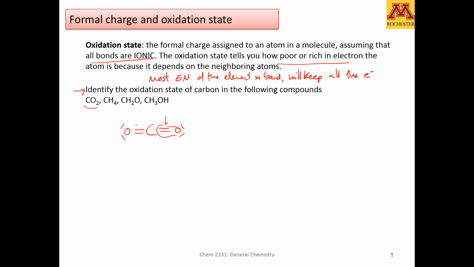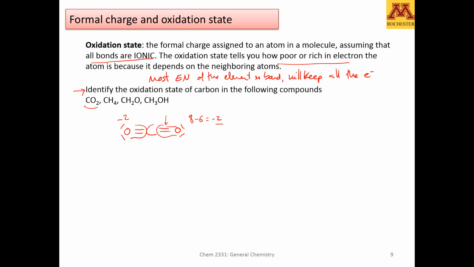So how many electrons does oxygen have? Well, oxygen will have 1 pair, 2 pairs, 3 pairs, 4 pairs. It'll have 8 electrons. To be neutral, it would be 6. That means the oxidation state of oxygen in here is -2. The same for here, it's -2.